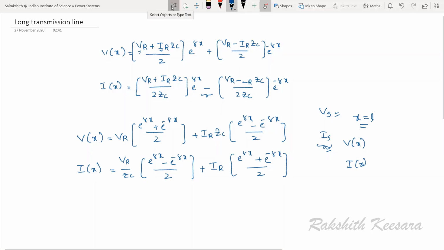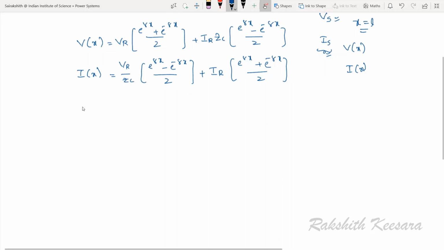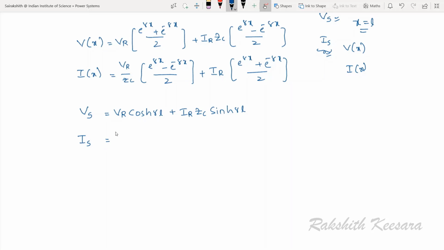So I am substituting x is equal to L. This will become Vs is equal to VR into cosh gamma L, this is a hyperbolic function, plus IR ZC sinh gamma L. Next, Is is equal to VR by ZC sinh gamma L plus IR into cosh gamma L.